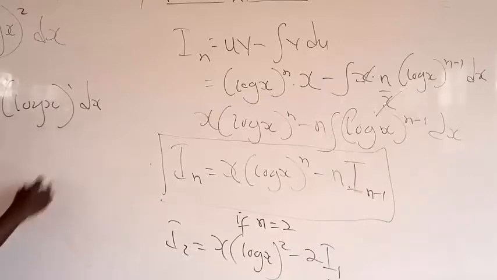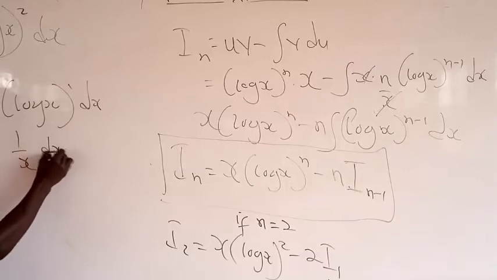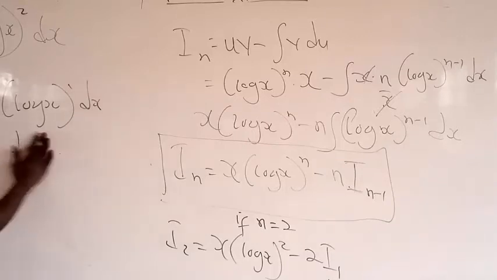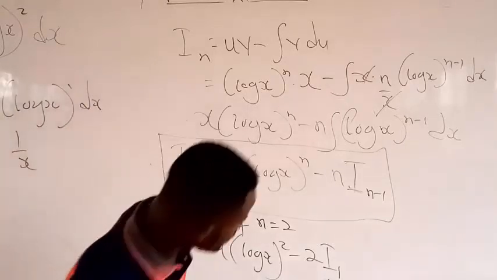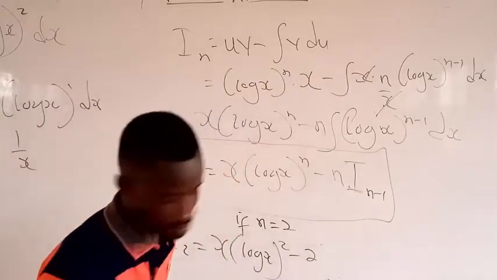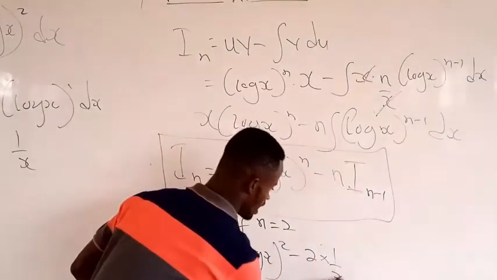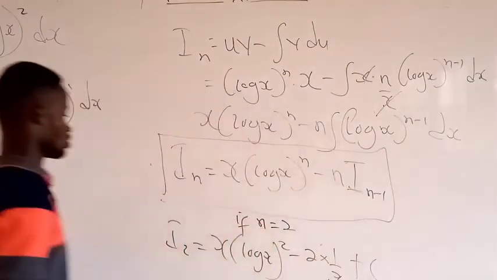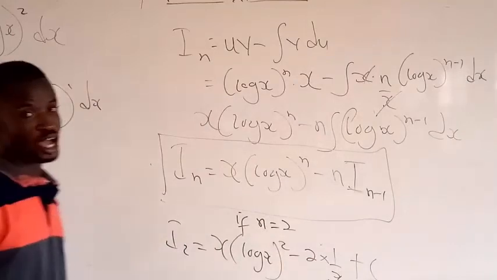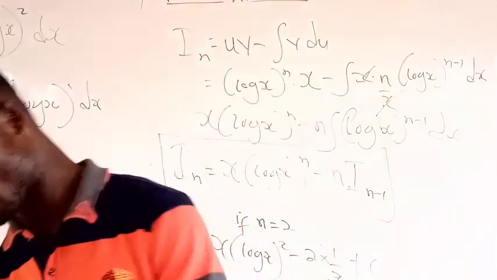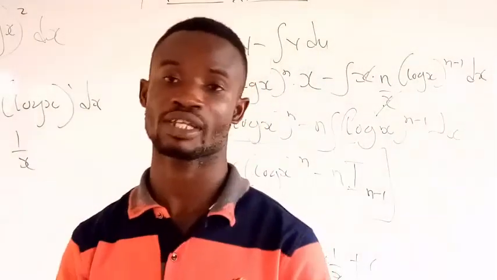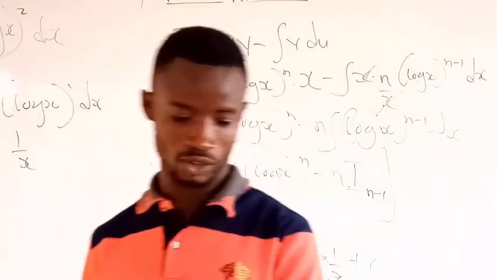When you integrate this, you get x log x minus x plus c, and that's going to be the final answer for I_2 after substituting. In fact, you can set n to be equal to any number and start solving it. So that is how we do such a case.